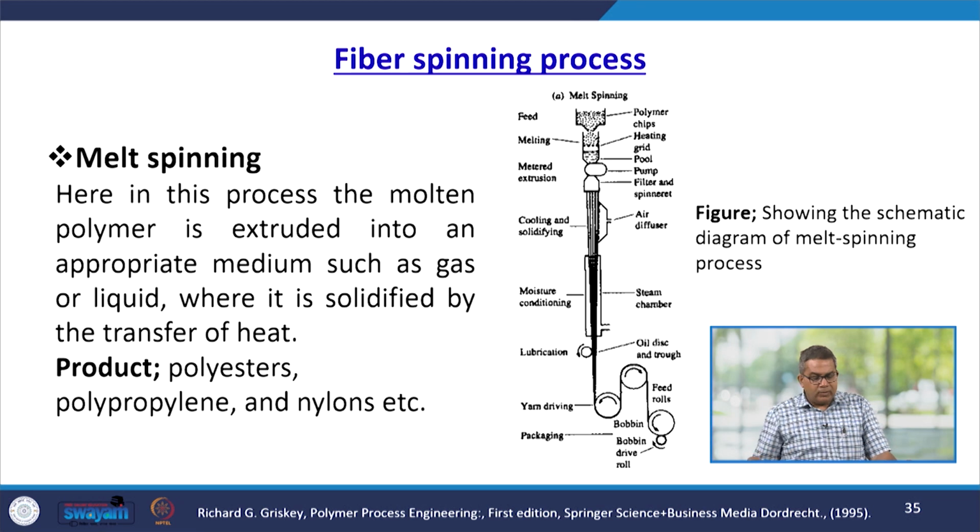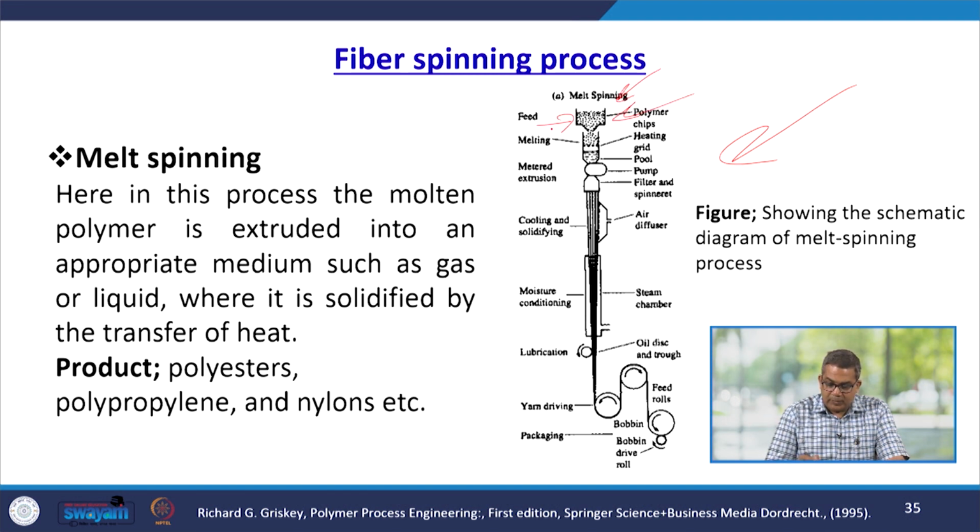So let us talk about melt spinning. This is the process of melt spinning, in which the molten polymer is extruded. Here the polymer chips or granules are being fed. Then this is the melting zone, here is the pool, and this is the metered extrusion.